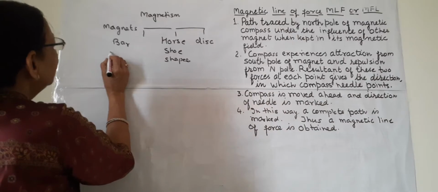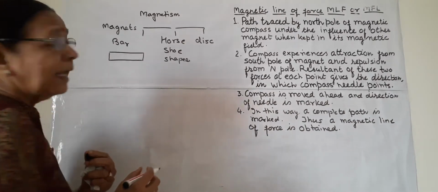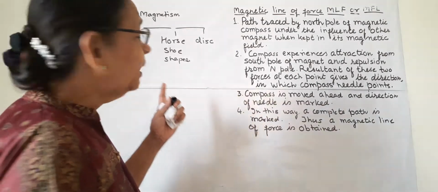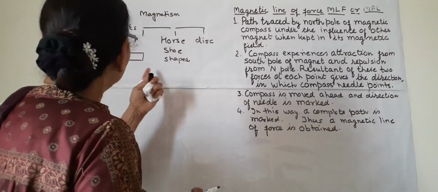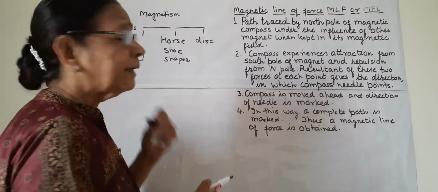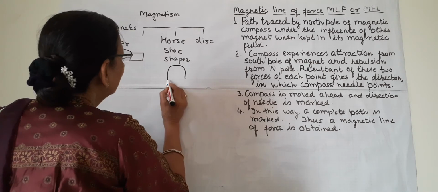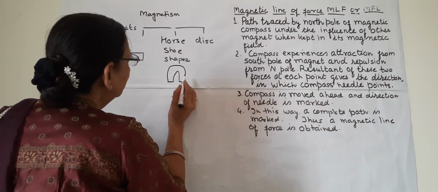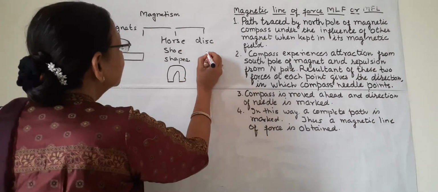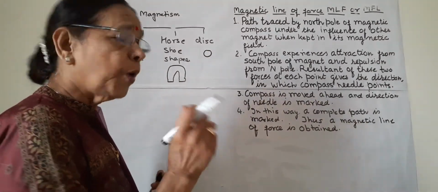The bar magnet is the most common and it is like a bar, rectangular in shape. It may be small, big, any size, but it is generally like a bar. The horseshoe shaped magnet is in the form of a horseshoe.